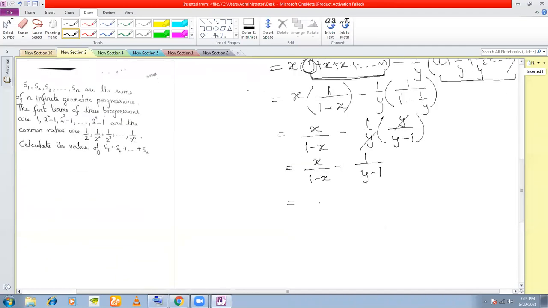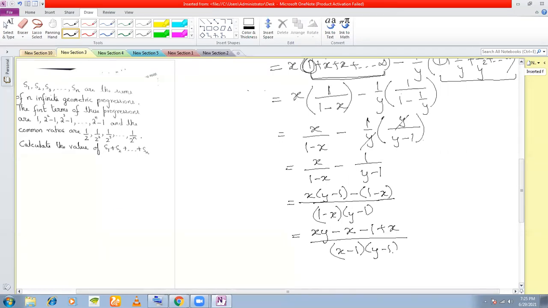Now you take the LCM here, 1 minus x into y minus 1. So in the numerator, you will get x into y minus 1, minus (1 minus x), right? Now you simplify the numerator: xy minus x minus 1 plus x, divided by (1 minus x) into (y minus 1).